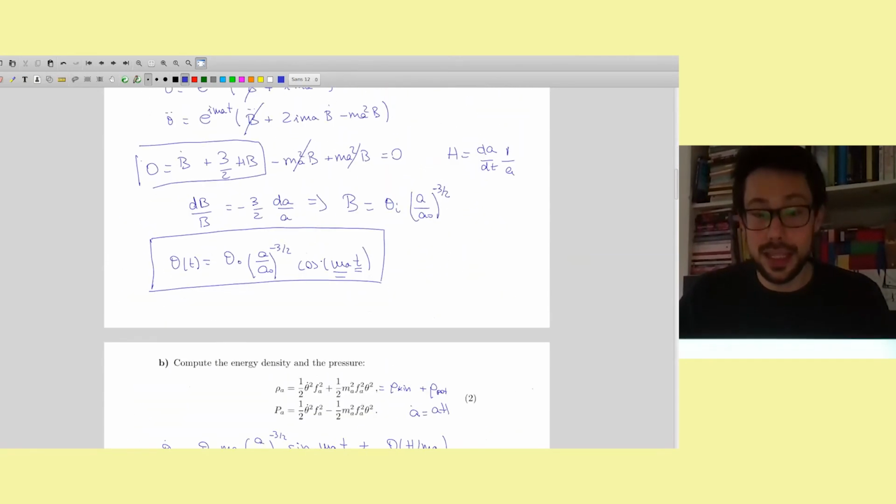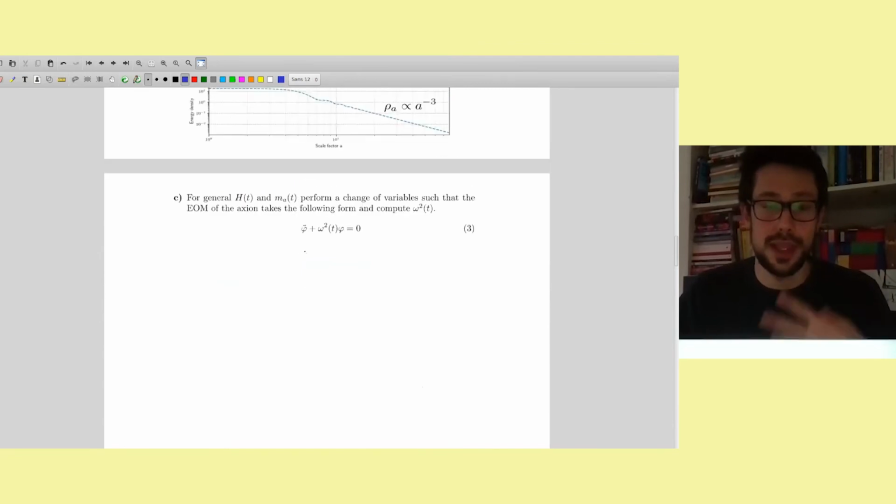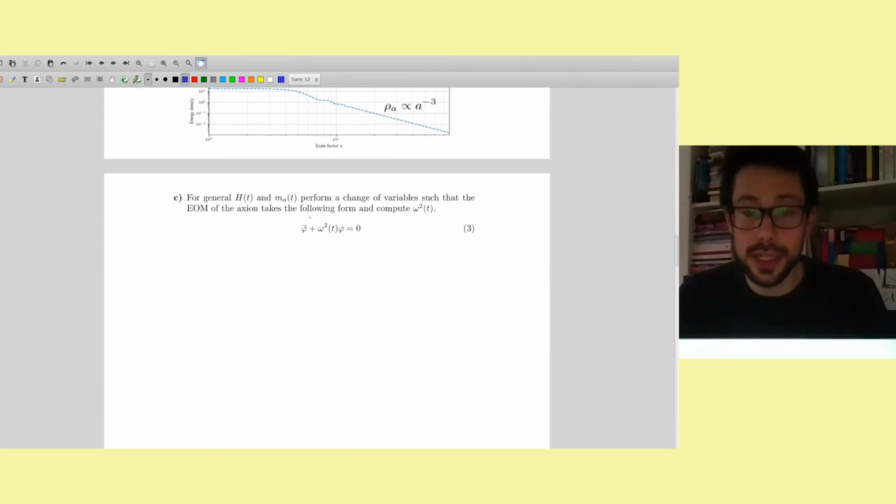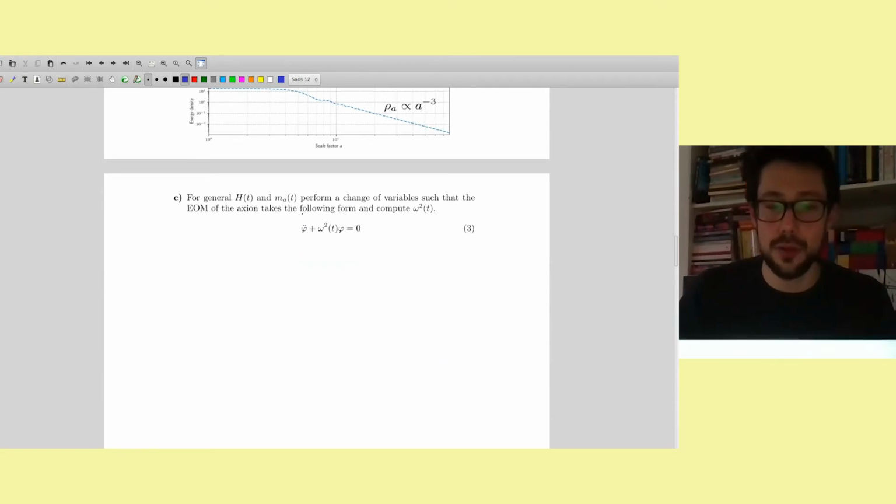In full generality, what you need to do is to solve the differential equation for generic H and m_a. In order to do so, it's typically really convenient to perform a change of variables and turn the differential equation into this other differential equation.